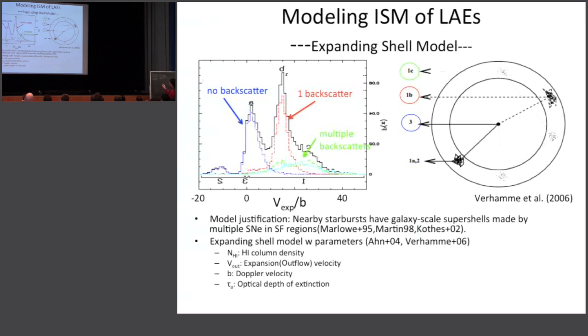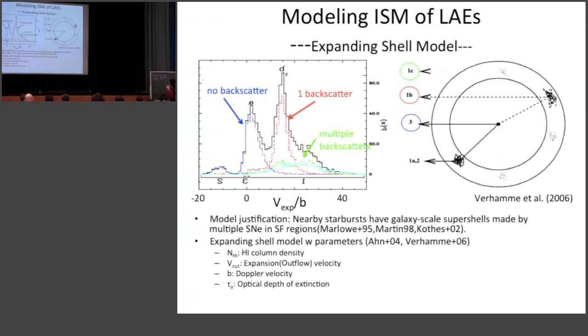And the second component is the one backscatter component. So you have the expanding shell. The Lyman-alpha photons traveling in this direction, the red shifted Lyman-alpha photons are scattered by this media, and then scattered out.